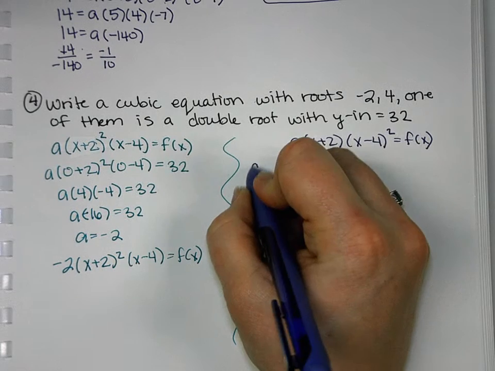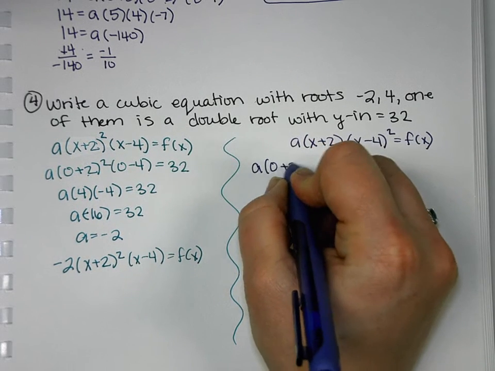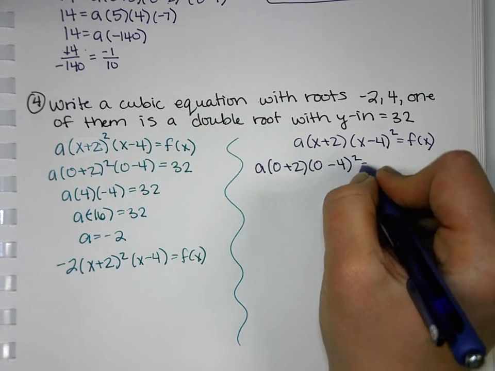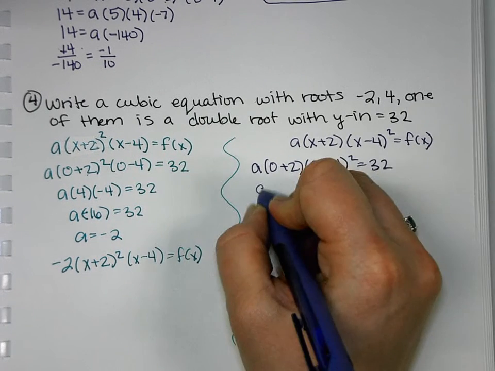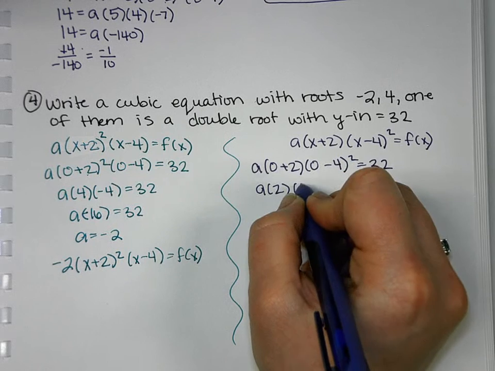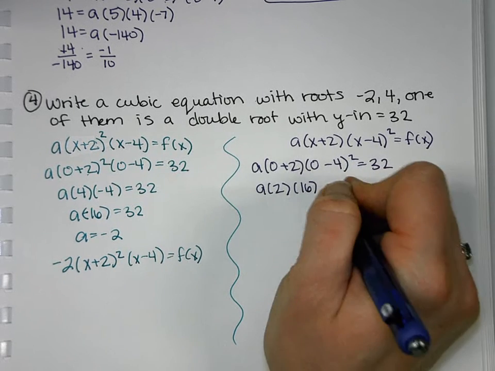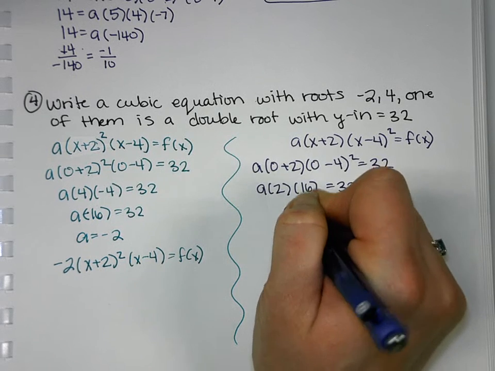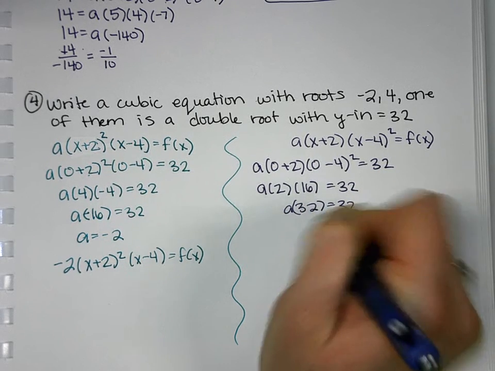Or over here, we plug in 0, and we should get out 32. So we'll have a times 2 times 16, because that's -4 squared. Here we get a times 32, so we get a is 1.